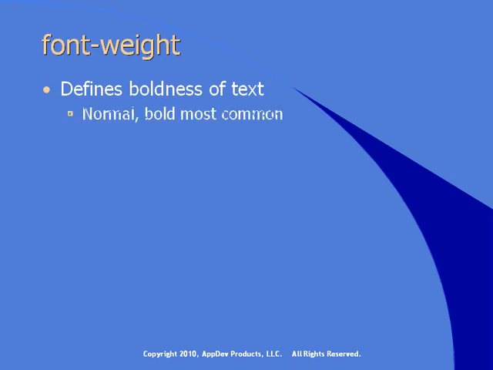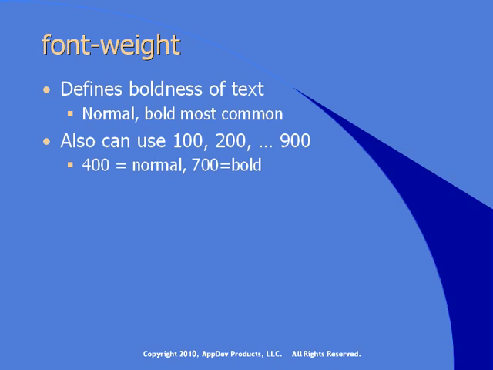The font weight defines the boldness of text. You'll most likely use normal or bold. You also can use the numbers 100, 200, 300, and so on through 900. 400 equals normal, and 700 equals bold. Most fonts really can't show 9 different boldnesses. I've never seen one that even comes close to supplying more than 3 or 4 different boldnesses, so you'll rarely use the in-between ones.